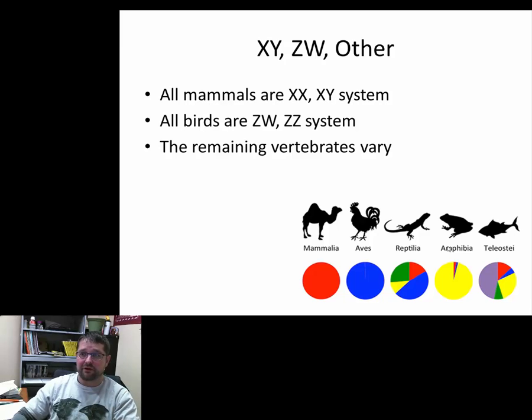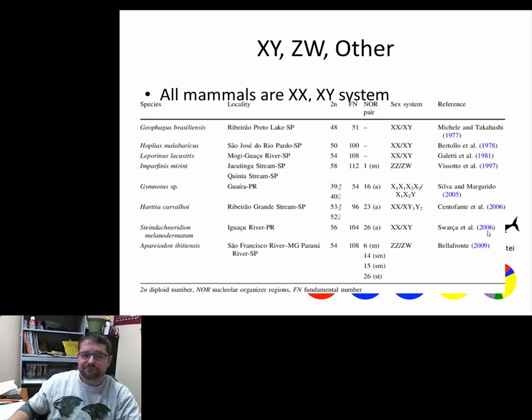And the cool thing about it is, especially in fish, check this out. So these are different species of fish. I'm not expecting you to remember them or anything. This is a cichlid, this is a hagfish, this is a wolffish. But when we start looking at them, 2N means that they're diploid. What's their diploid number? You can see that this guy's got 48 chromosomes, 50, and so on. So they're all pretty even on the number of chromosomes that they have.